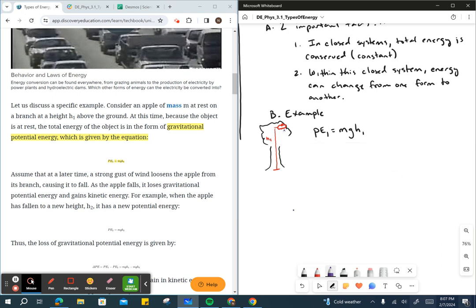The apple falls to a new level because of the wind. And so here's our apple. It's now at a new level, stuck on another branch. And we're going to say that this new height is h2. So now our new formula, because it has a different potential energy now, potential energy 2 is equal to the mass times the gravity. Those don't change, but the height has changed.